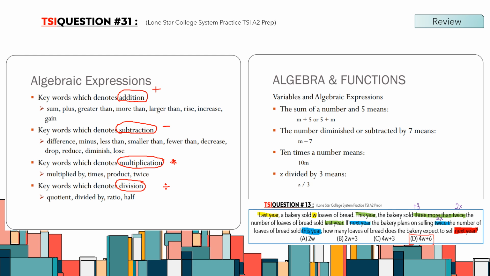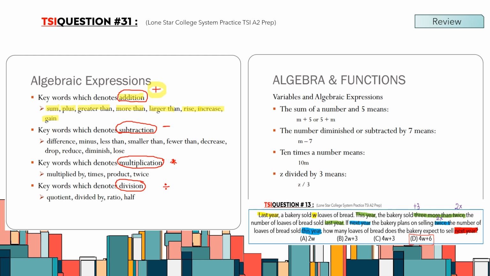Okay. So for addition, we have sum, plus, greater than, more than, larger than, rise, increase, gain. So if you have more of something, it is positive.